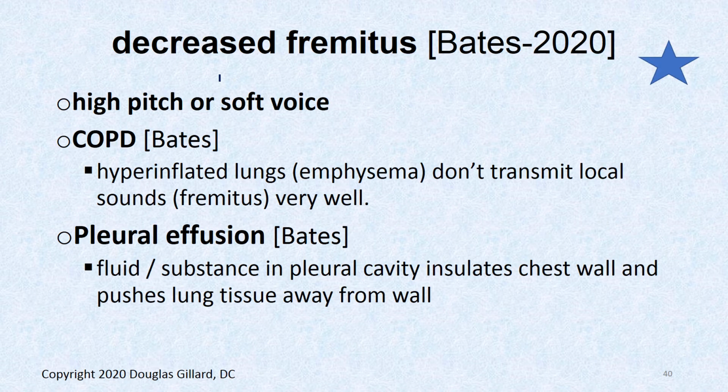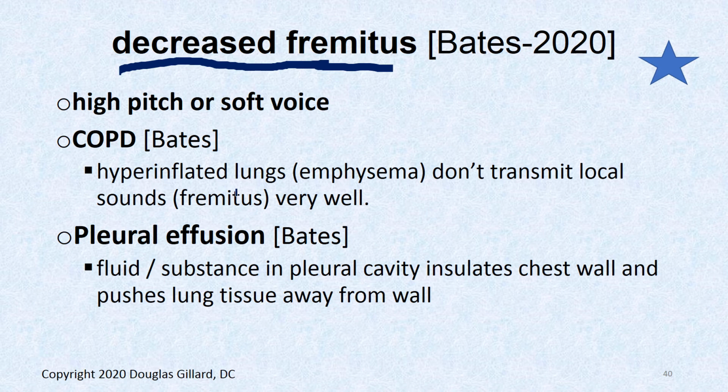So what causes decreased vibration, or decreased fremitus, or decreased vocal fremitus? Well, maybe they're just talking or not using a deep enough voice, so that would be bilateral loss. If they have hyperinflated lungs from COPD, the hyperinflated lungs have so much air it doesn't transmit sound very well.